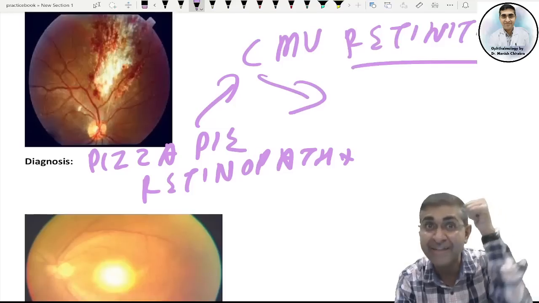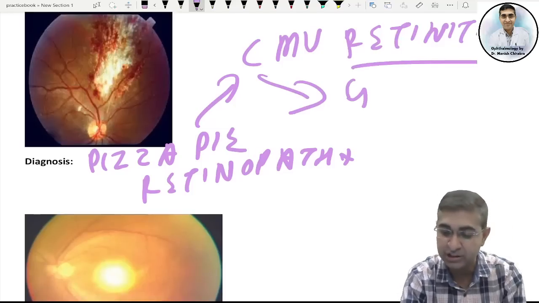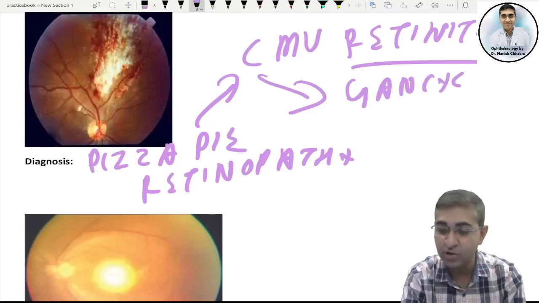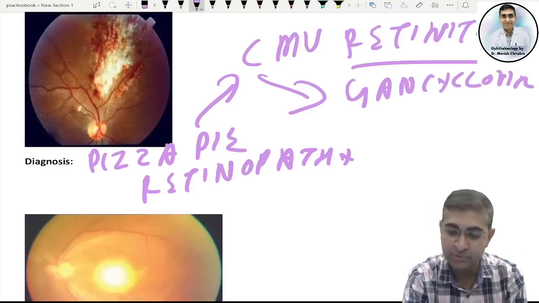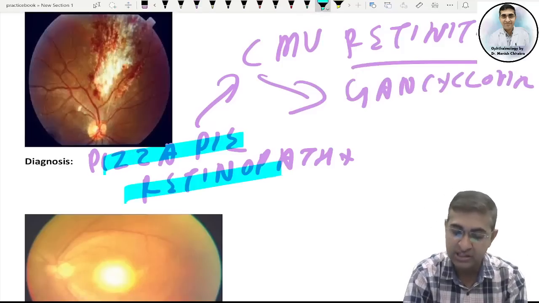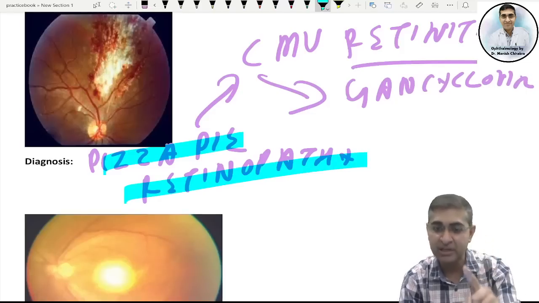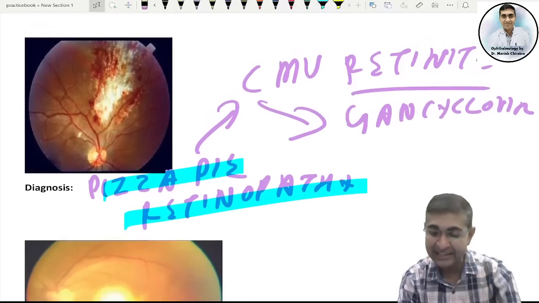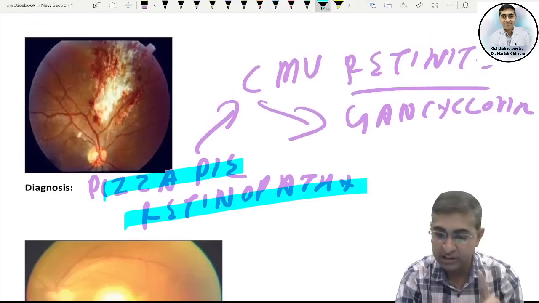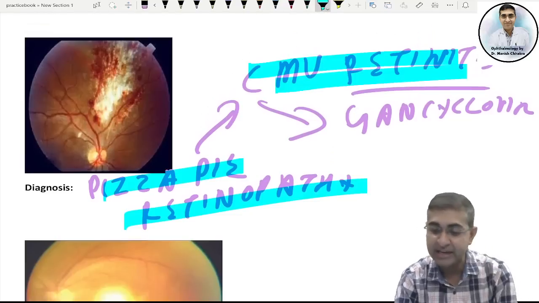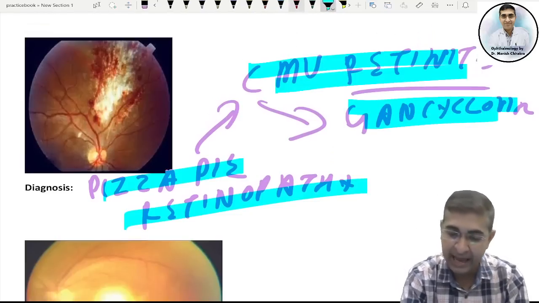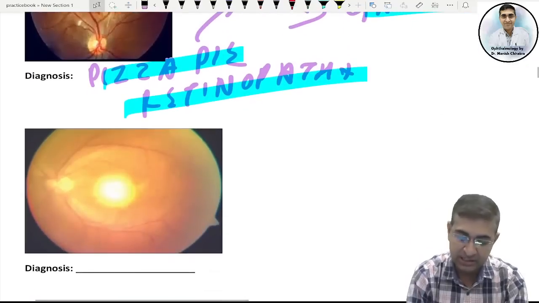Now this is your FMGE previous year question. The treatment is ganciclovir. So I have covered 3 MCQs. One is your spot diagnosis, which is pizza pie retinopathy or tomato ketchup retina appearance, and the causative factor. Second question, CMV retinitis. Third, what is the treatment? It is ganciclovir.